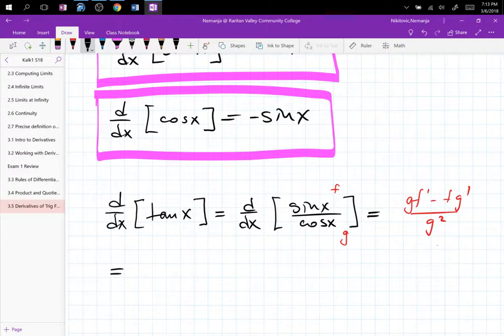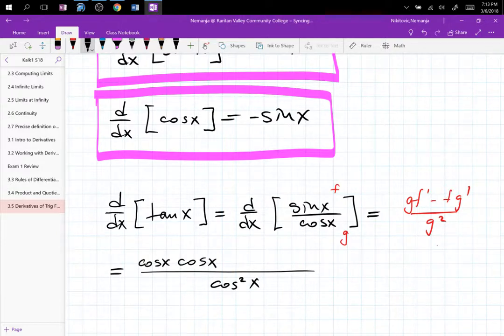I have cosine squared x in the denominator, cosine x in the numerator. Derivative of sine is cosine x, minus, copy the sine x, and then derivative of cosine is negative sine x. There we go. Beautiful.